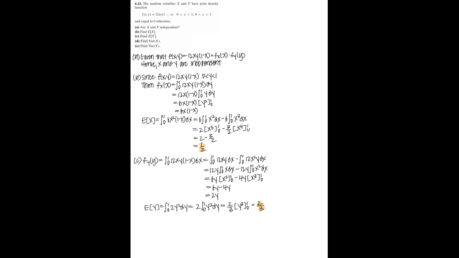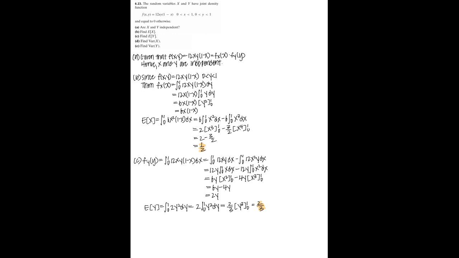I want to do 6.23. The random variables x and y have joint density function f of x and y equals 12xy times (1 minus x), where x is from 0 to 1 and y is from 0 to 1, and equal to 0 otherwise.